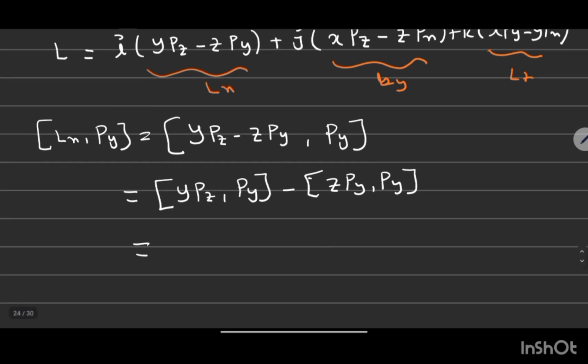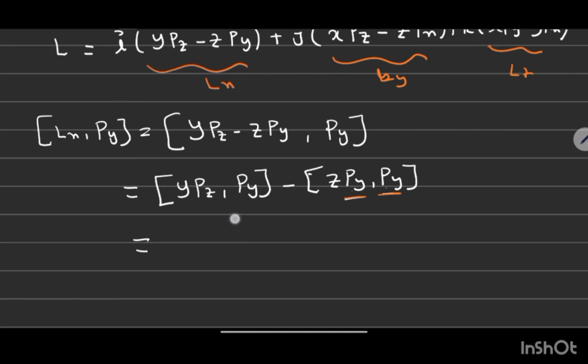Here one thing you can notice is that this py appears here and here also, so they commute with each other. So using the distributivity property one can write this again.